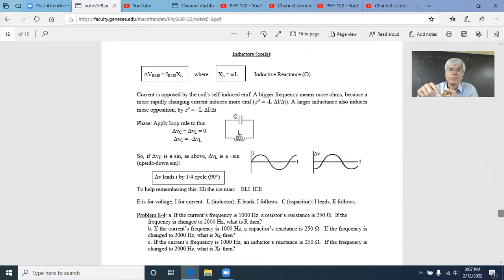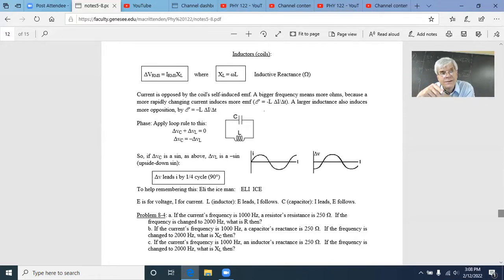Capacitors oppose the flow of current because the charge already in the capacitor repels additional charge trying to flow in during that part of the cycle where the current is building up. And then once you've established the amplitude during that part of the cycle, the pattern just continues on from there.